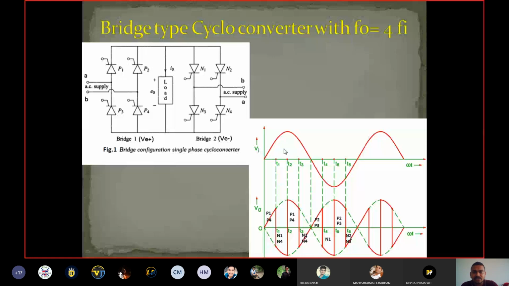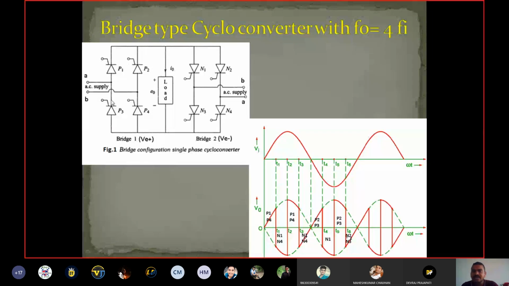During the positive half cycle, at the instant of starting of the positive half cycle, the A terminal is positive and the B terminal is negative. As A becomes positive, the anode of P1 is connected to the positive terminal, whereas the cathode of P3 is connected to the positive terminal. So P1 becomes forward biased, and P3 becomes reverse biased.